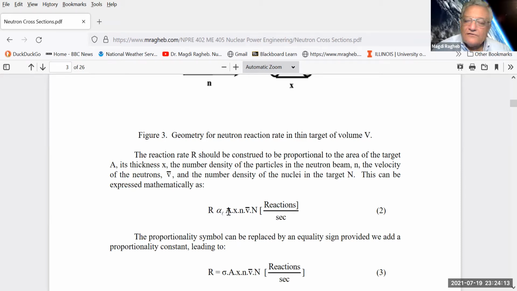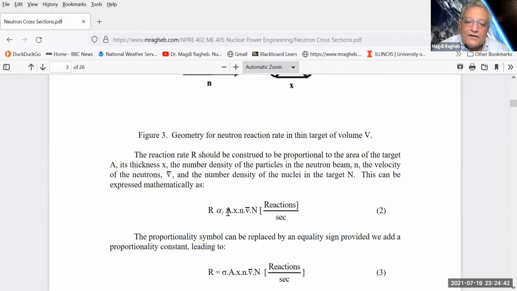The higher the area, of course, more reactions will occur. The thicker the target, the more reactions will occur. But also the rate would be proportional to capital N, how many nuclei we have in that target. The higher the number of nuclei per unit volume, the higher the reactions per unit time. And definitely also the speed of the neutrons will determine how fast those reactions occur.